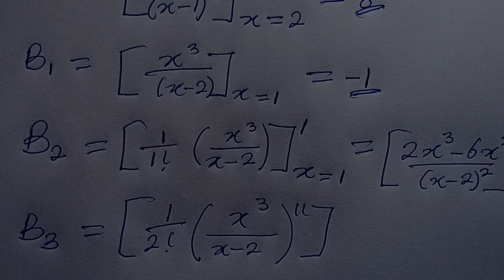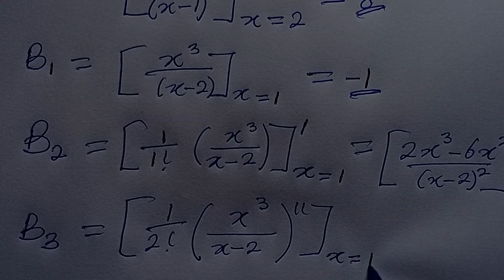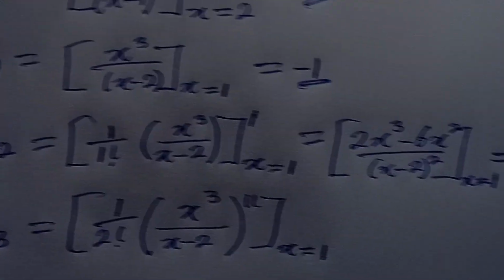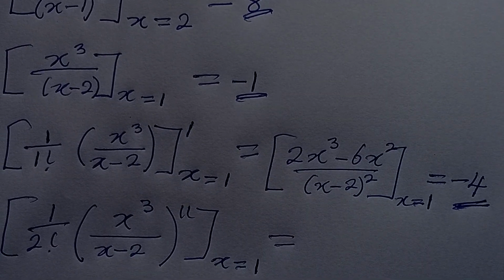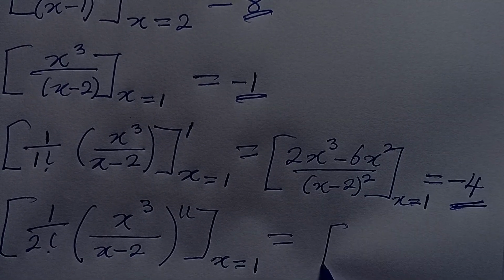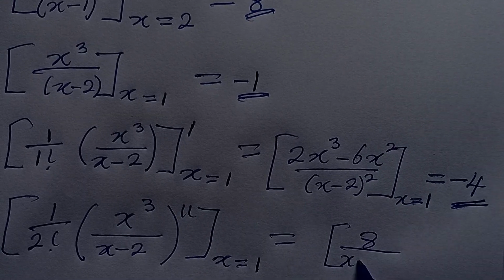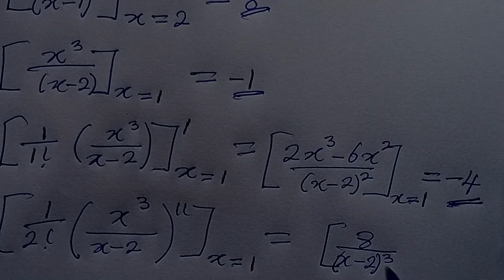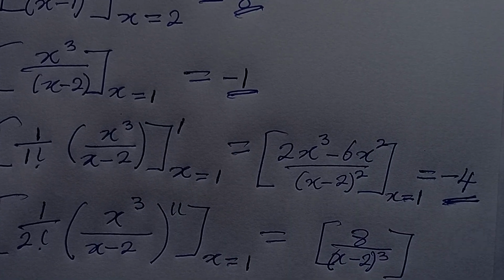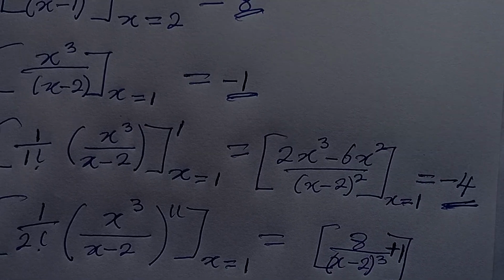Okay, then from here we are setting our x again to be 1. So if we set x to be 1 and we simplify this, we're going to have this to be bracket 8 all over x minus 2 raised to the power of 3, then close bracket here, plus 1, yeah, plus our 1.